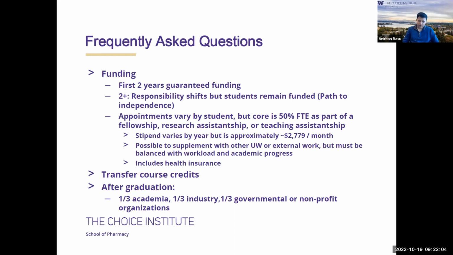If you cover those courses, you can get a designation of a degree option in data sciences, which would be put on your transcript beyond getting a PhD in health economics and outcomes research.